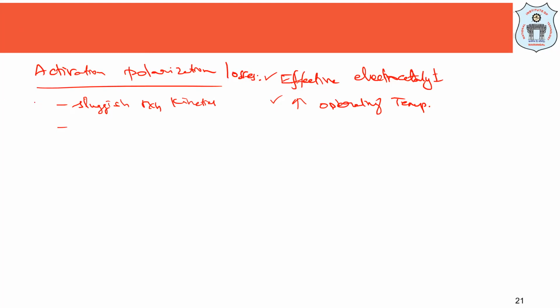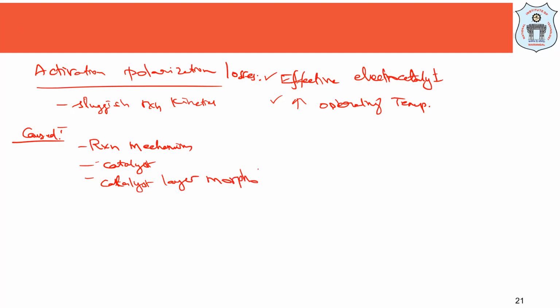Remember, what are the causes of activation polarization? As I told, it is about the reaction mechanism, what type of catalyst we are using, and what the catalyst layer morphology is. It depends upon the catalyst we use, its surface morphology, the operating parameters like temperature and pressure, and the impurities present in the system.